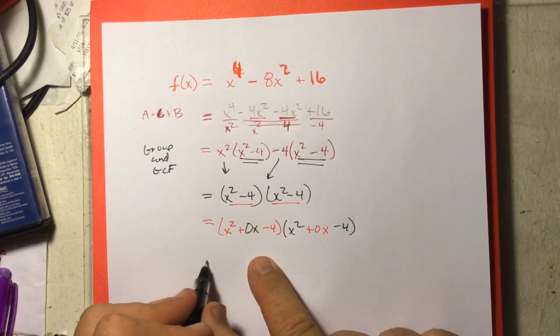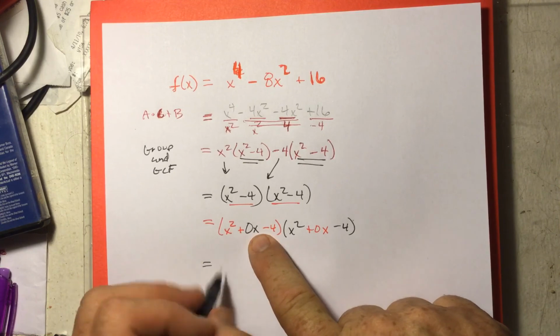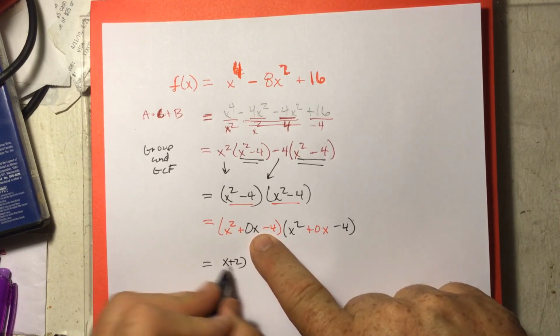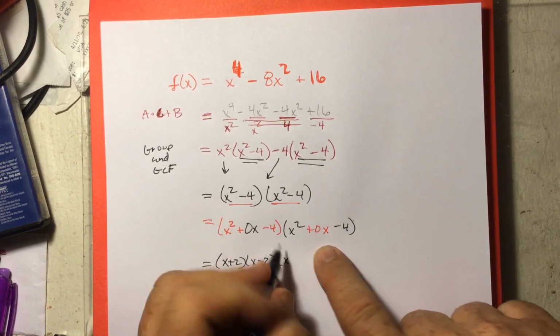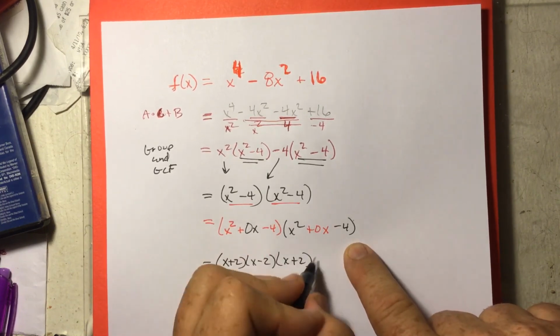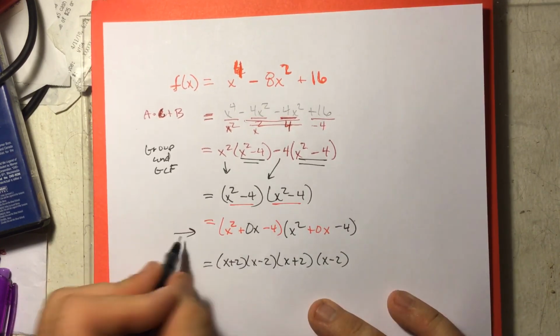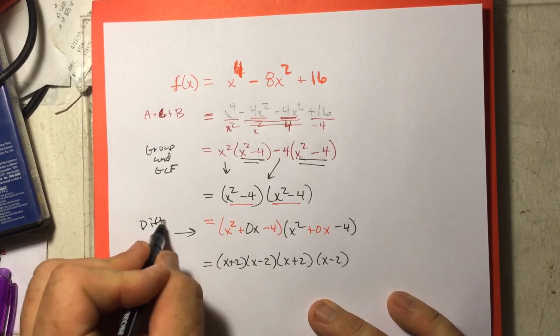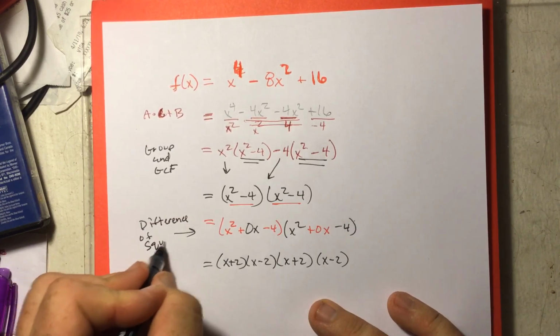So we've got to look at it and say, okay, what can multiply to make negative 4 but add to make 0? Well, that is x plus 2 and x minus 2. And this would be x plus 2 and x minus 2. So sometimes these go a little bit longer. We call this the difference of squares.